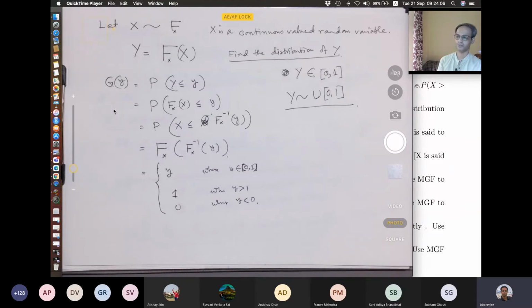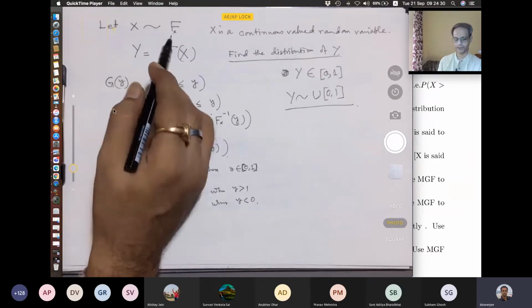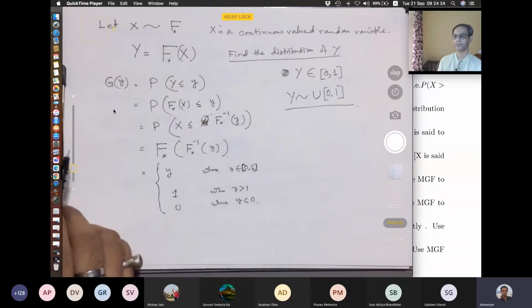You start with uniform 0 1, you invert it with any possible CDF function, you will get a random variable which will follow that CDF. So you start with any uniform 0 1, you invert that number with respect to any possible admissible CDF function, you will get a random variable which is following that CDF.